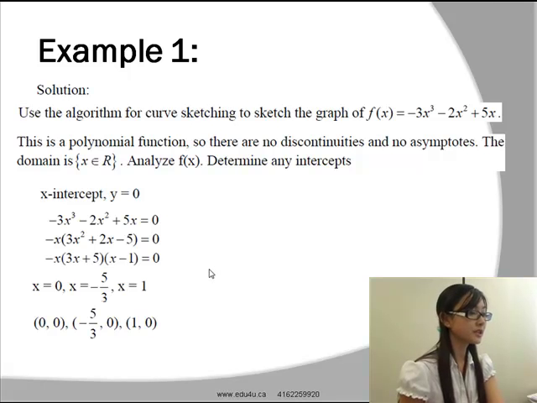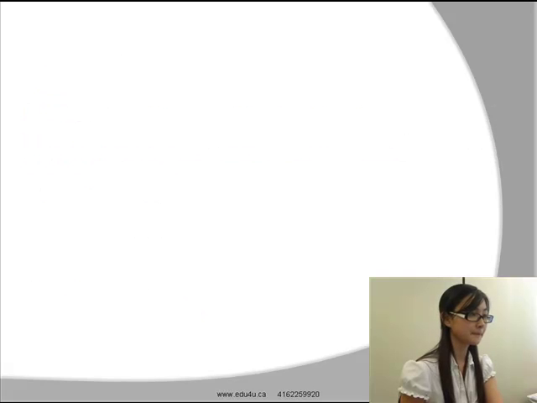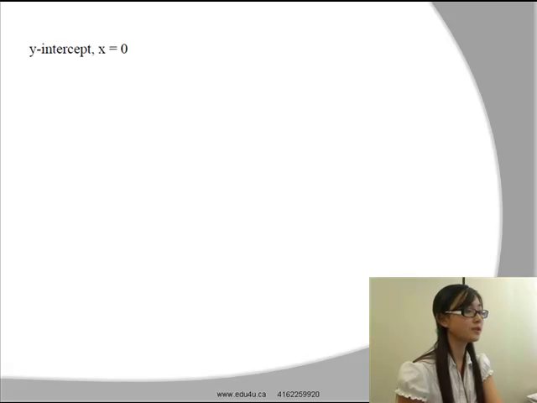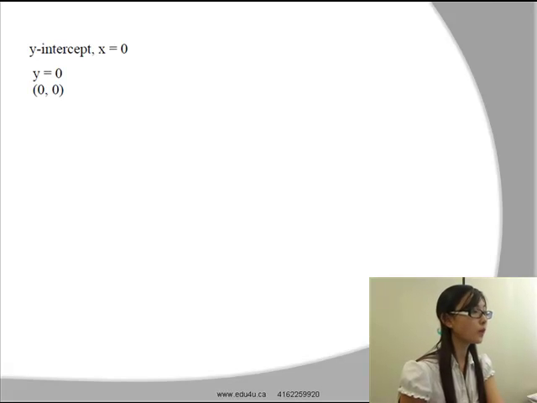Therefore, at all of these 3 points, we will have an x-intercept. Next, we need to find the y-intercept, and how we do that is we make x equal to 0. When we do that, we get y is equal to 0, therefore 0 and 0 is a y-intercept.